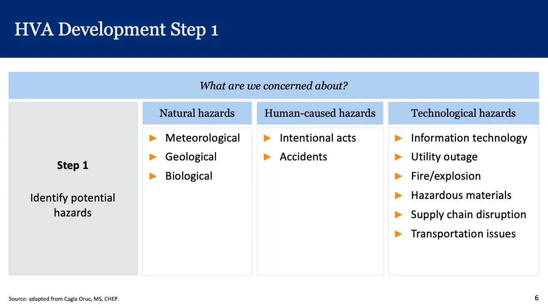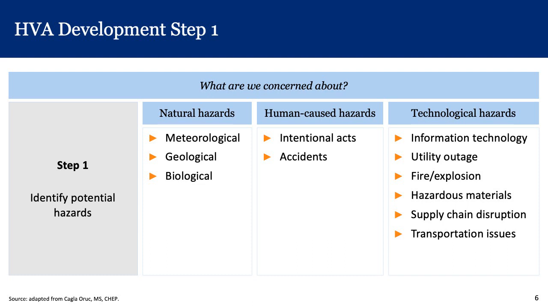And in identifying potential hazards in connection with step 1 of HVA development, we need to think about what we're concerned about. So step 1, as illustrated here, entails identifying potential hazards. These can include natural hazards, human-caused hazards, or technological hazards. We need to be mindful of all the various likely hazards that could impact a given community.